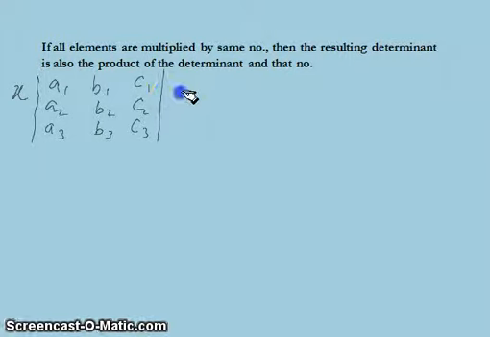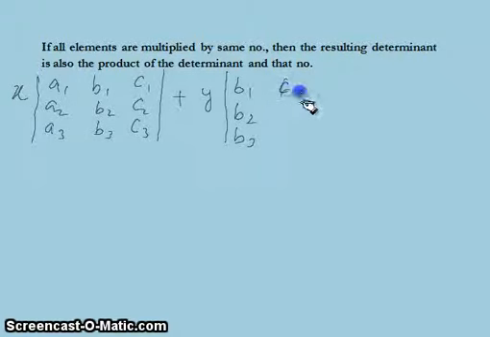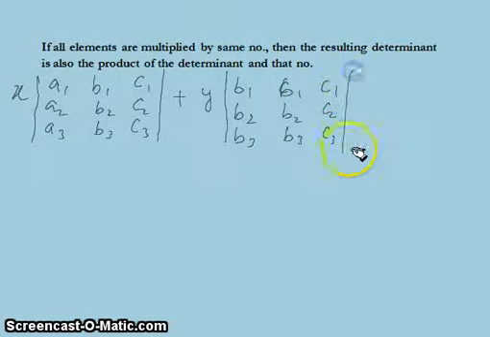The next determinant has y common in all the elements of column 1, so y is taken as a constant. This gives us a determinant containing elements b1, b2, b3 in column number 1, b1, b2, b3 in column number 2, and elements c1, c2, c3 in column number 3.